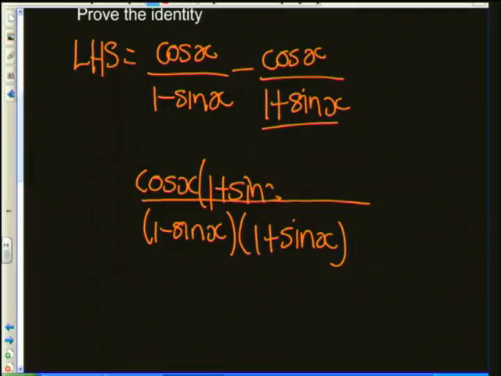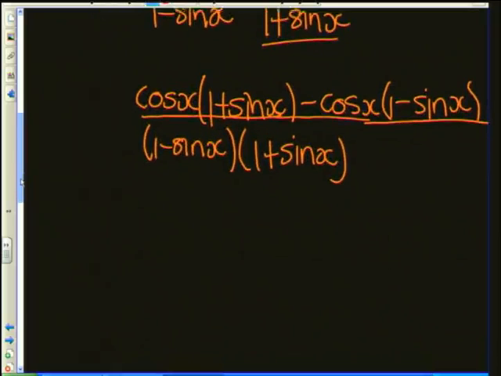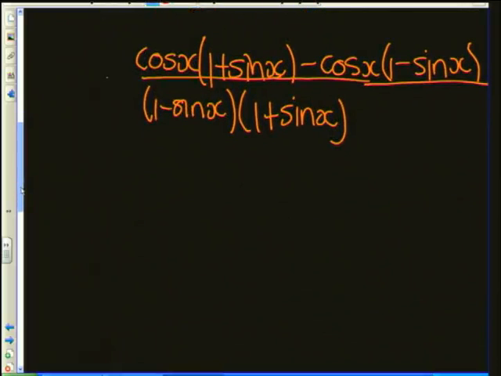There is nothing new there. Okay, minus cos x, and that cos x needs to be multiplied by 1 minus sine x. Okay, let's just extend that line a bit. We're just going to try and simplify this now.